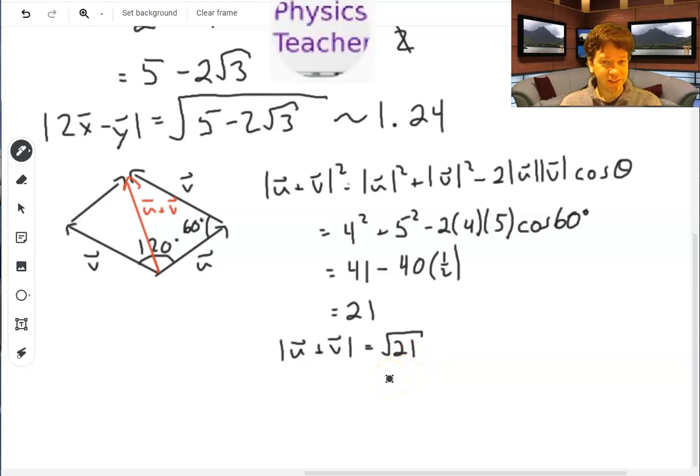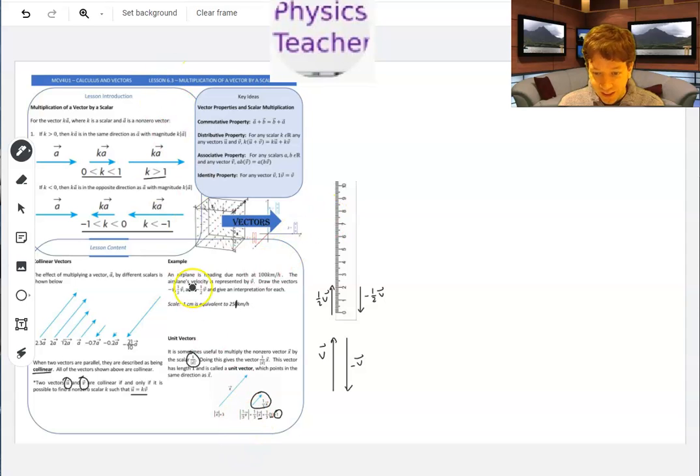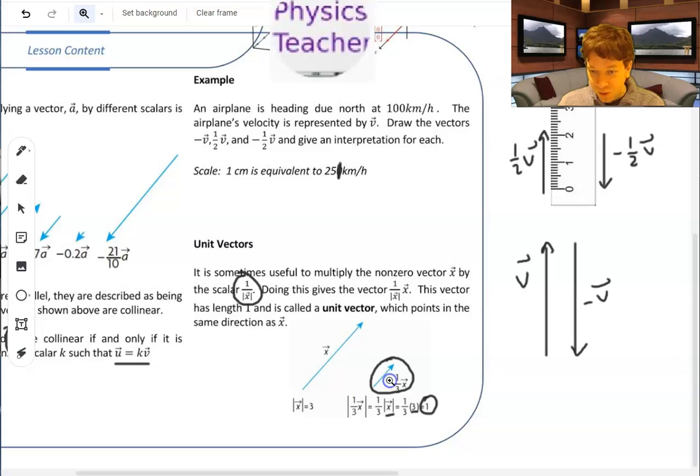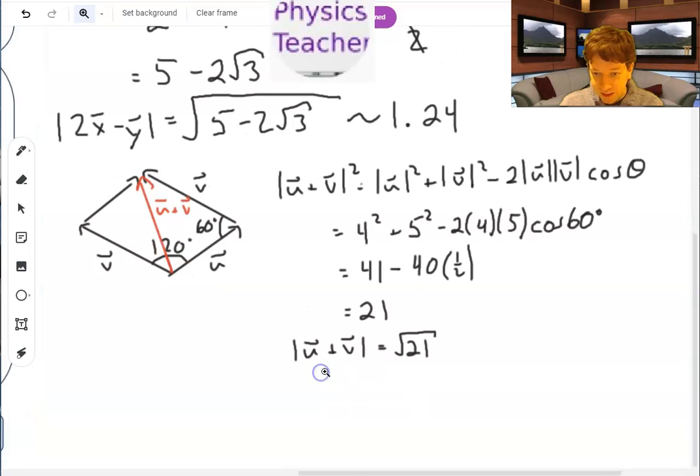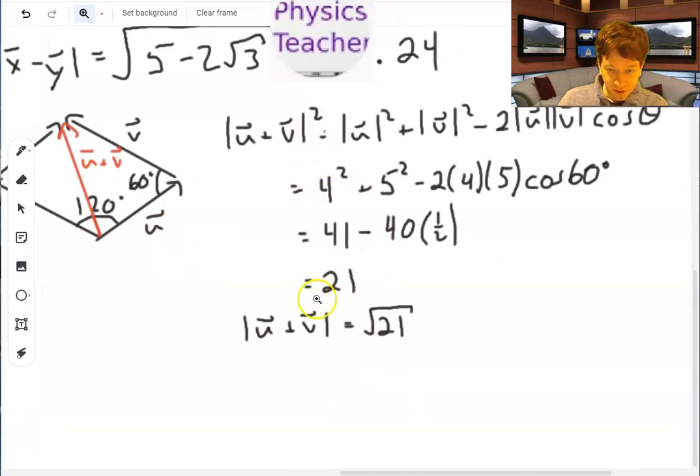And we did that because, remember, for vectors, let me go back to our previous page, to find a unit vector, we need to multiply this vector by 1 over its magnitude. So we have the magnitude now. So what's left is, zoom in, right, to create our unit vector.